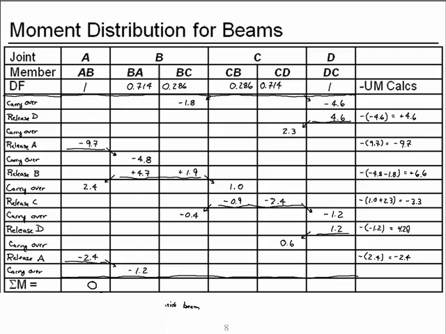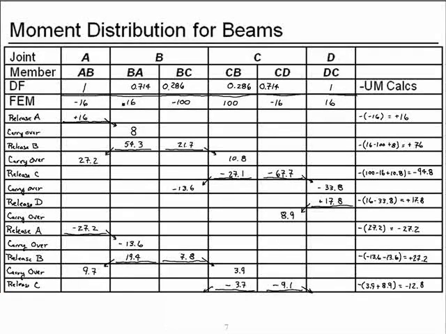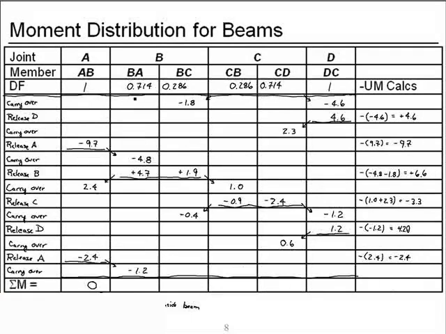Now for the B end of member AB, we start plugging into our calculator 16 plus 8 plus 54.3 minus 13.6 plus 19.4 minus 4.8 plus 4.7 minus 1.2 equals a positive 82.8 foot kips.